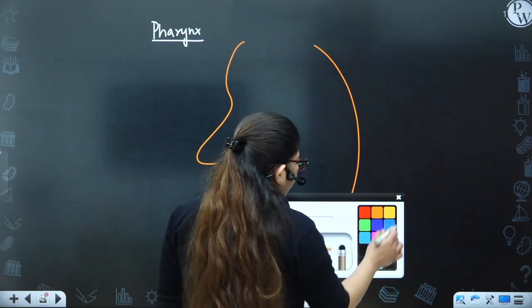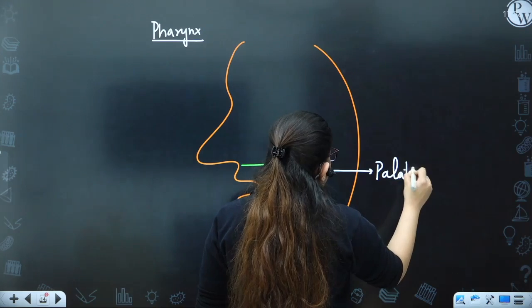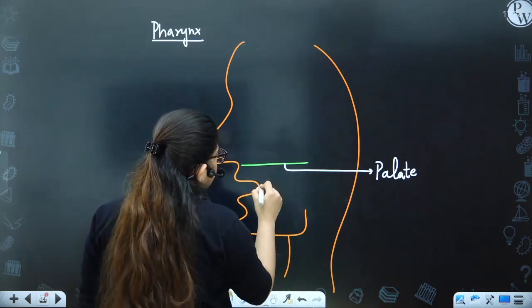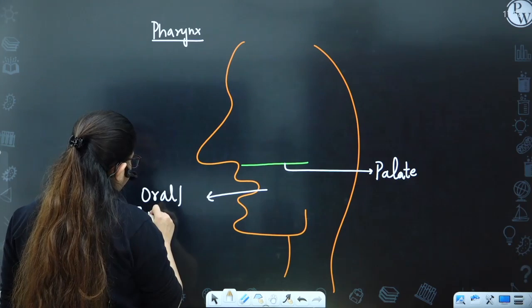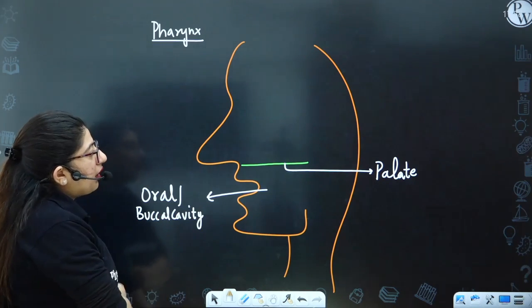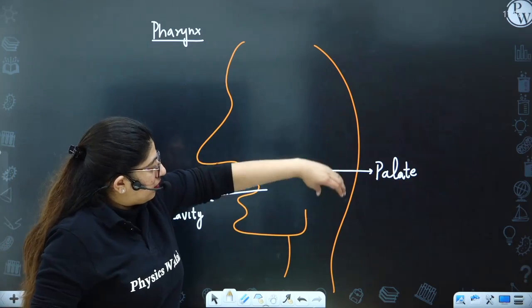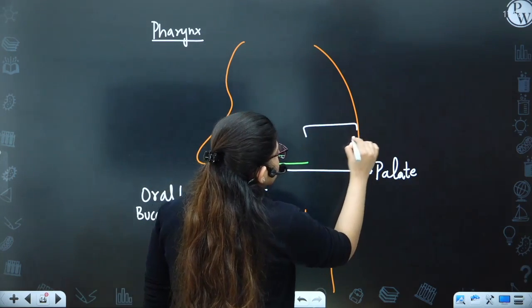Here you have this palate, and then you have this portion. This is the buccal cavity or oral cavity, in which your food comes, right? So from here to here is your pharynx.